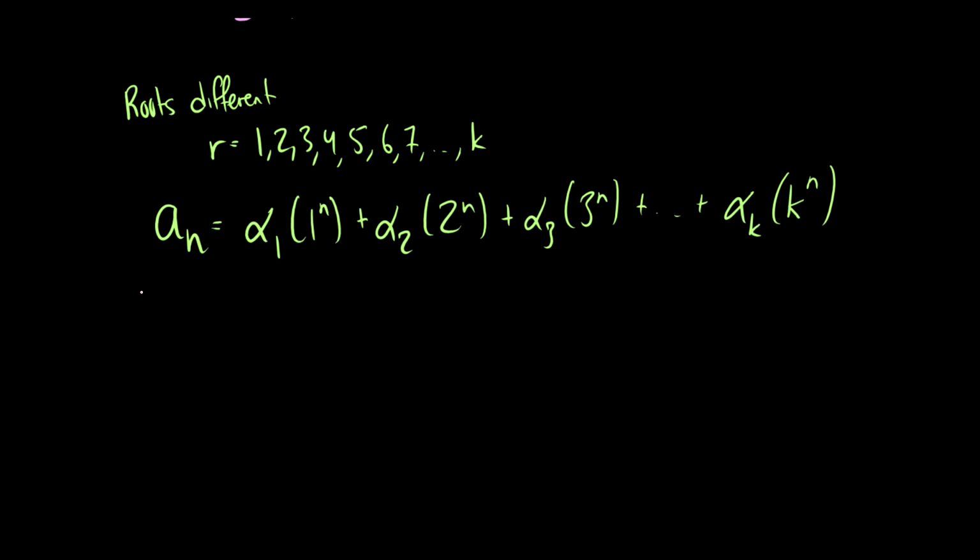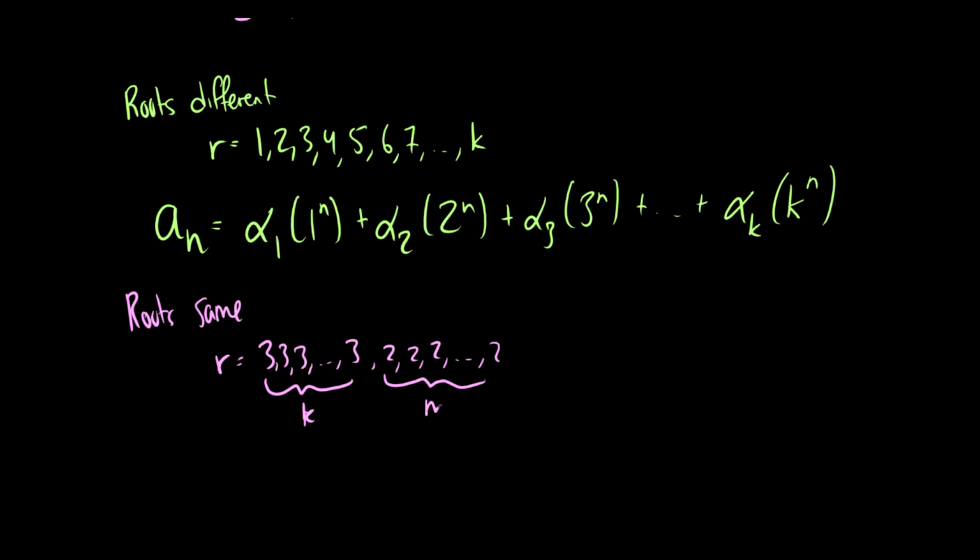Now, when you have roots the same, so let's say r is equal to 3, 3, 3, and we do 3 k times, and then we get a bunch of 2's, and we'll say this is 2, this is m times.